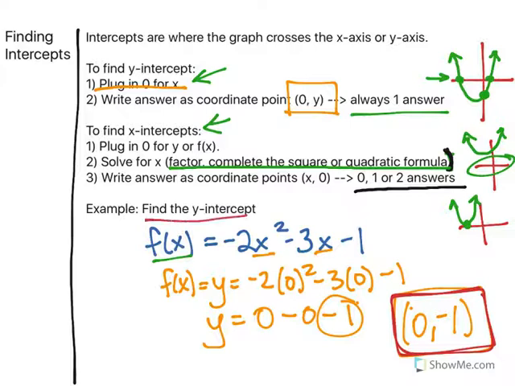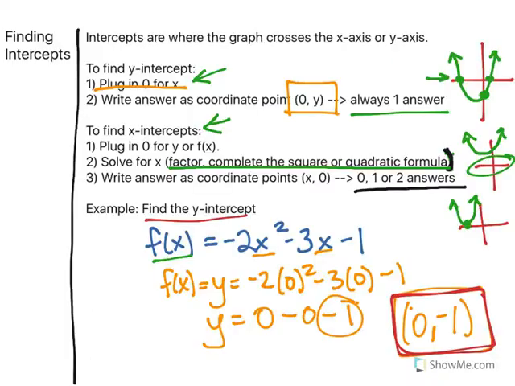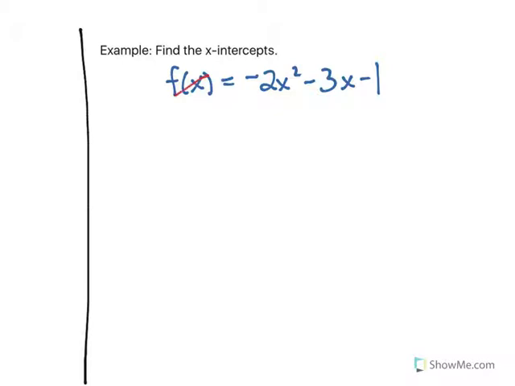That's all it takes to find the y-intercept. So nice and simple. Finding x-intercepts is a little bit more difficult, but not too bad, especially when we can use the quadratic equation. Okay, so if we go back here, the directions say plug in 0 for y or f(x). So instead of f(x), we're going to have 0 equals -2x squared minus 3x minus 1.